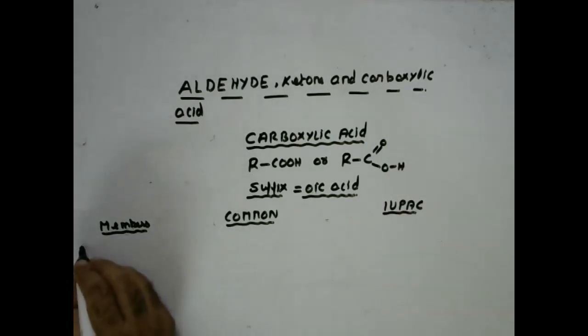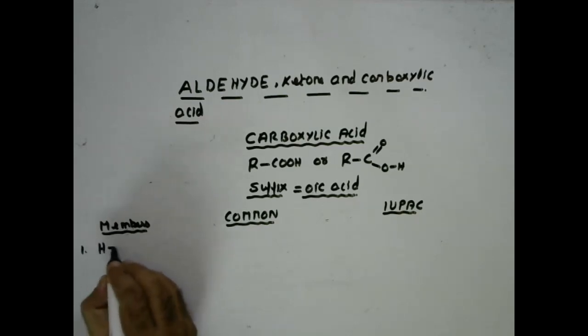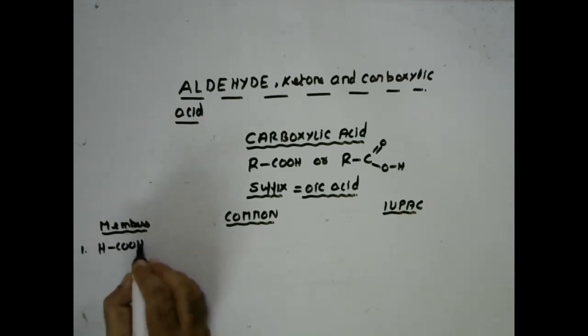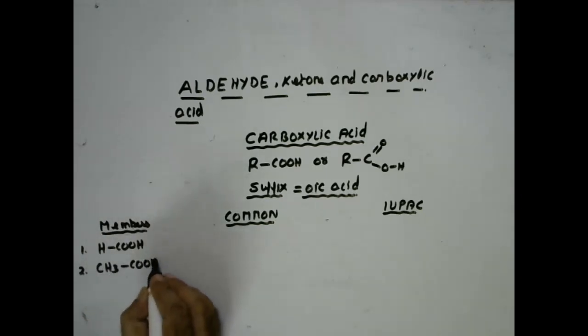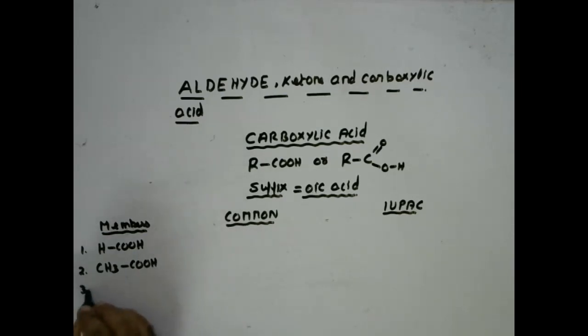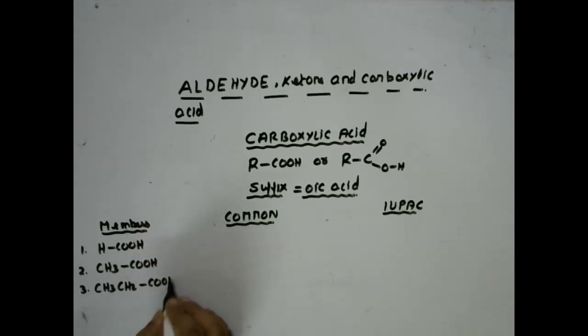The first member that we have is HCOOH with 1 carbon. Second member with 2 carbon, we have CH3COOH. Third member with 3 carbon, we have CH3CH2COOH.